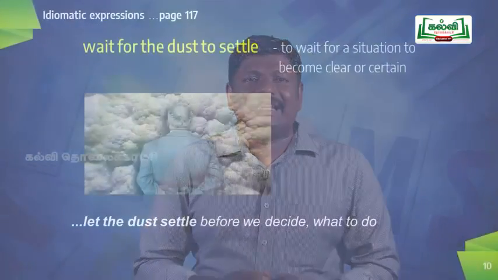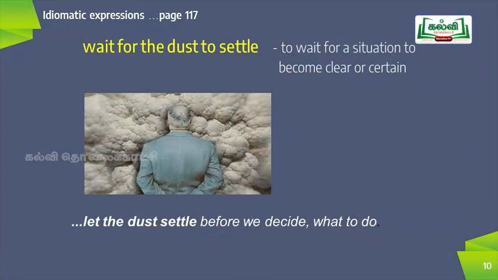Okay. We shall see some of the idioms that are given in our textbook on page number 117. Look at the idiomatic expressions with their meanings. Right. Let's have the first one. Wait for the dust to settle.